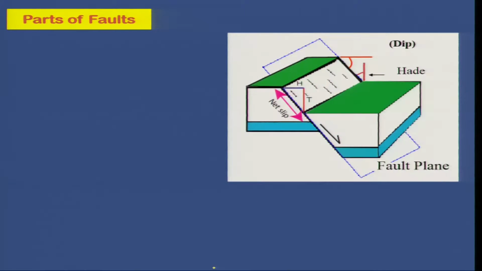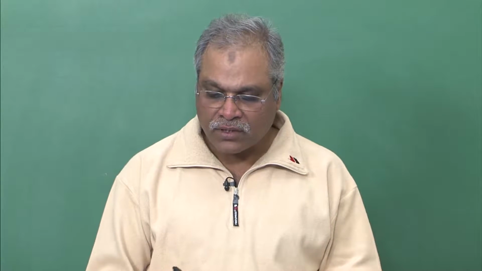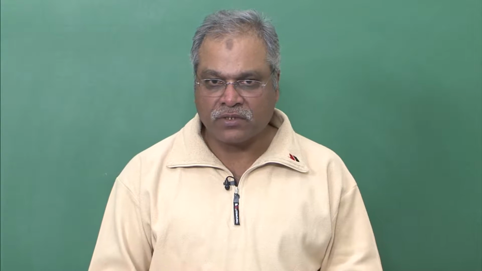Now, parts of the faults. In the previous part I was talking about how some are measured with respect to the horizontal, some are measured with respect to the vertical.